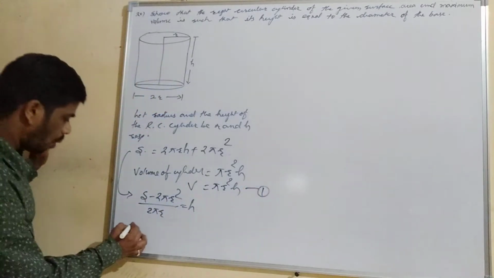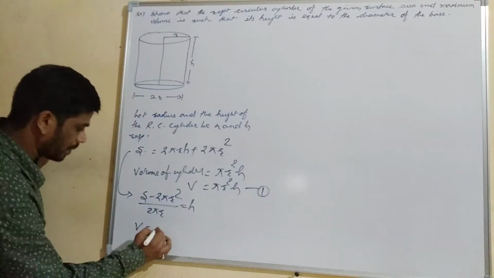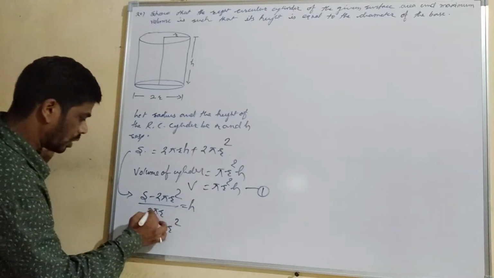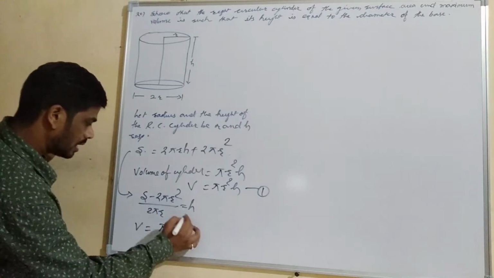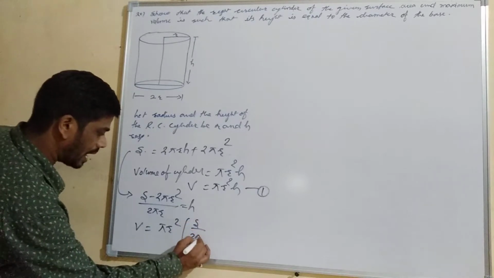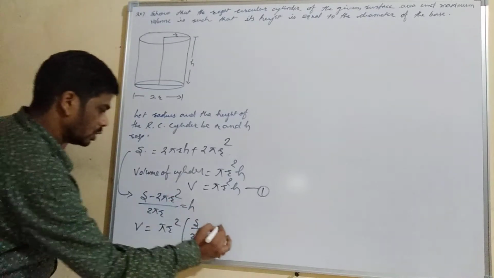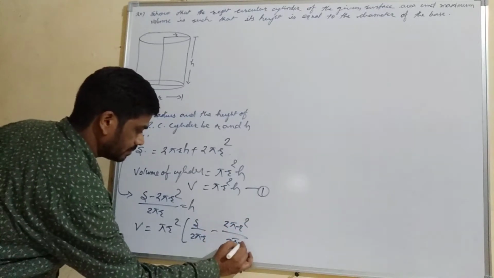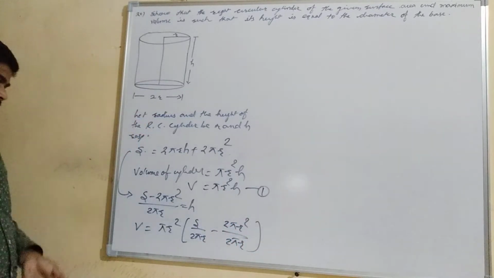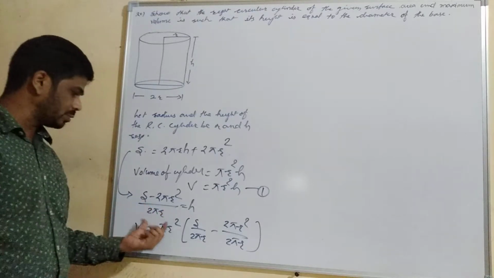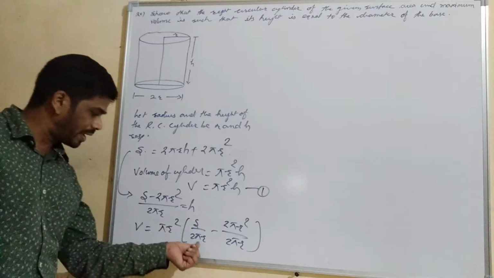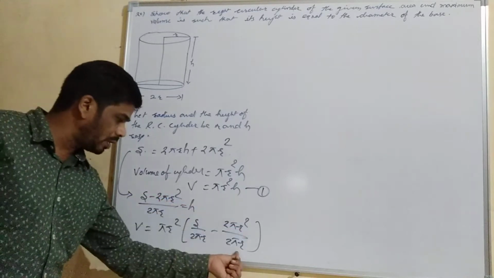So volume of a cylinder will be pi r square into H. So H will be S upon 2 pi r minus 2 pi r square upon 2 pi r. We substitute here the h value, that we have separated: s upon 2 pi r and 2 pi r square upon 2 pi r.